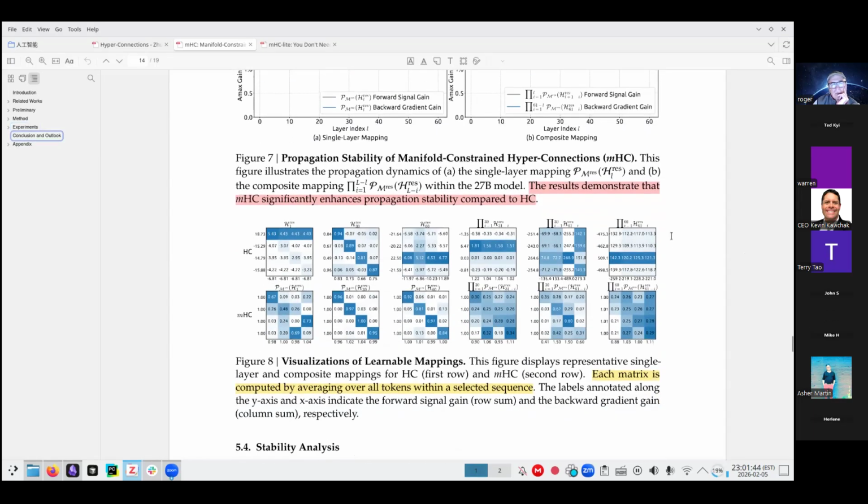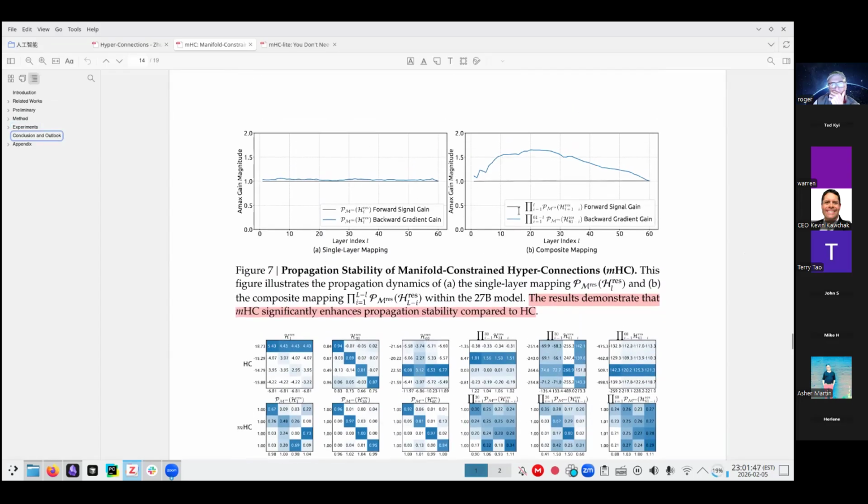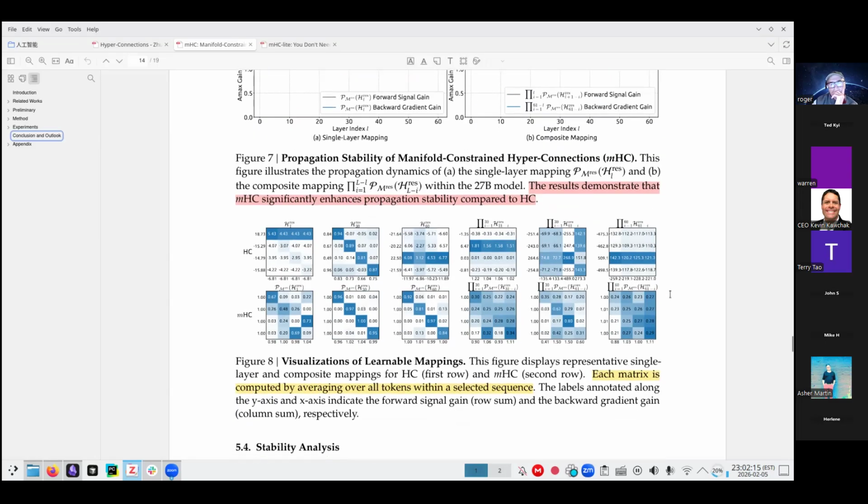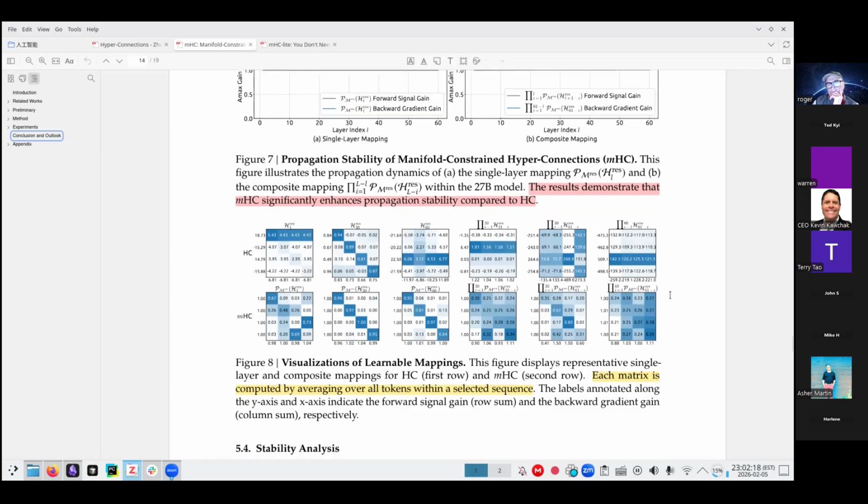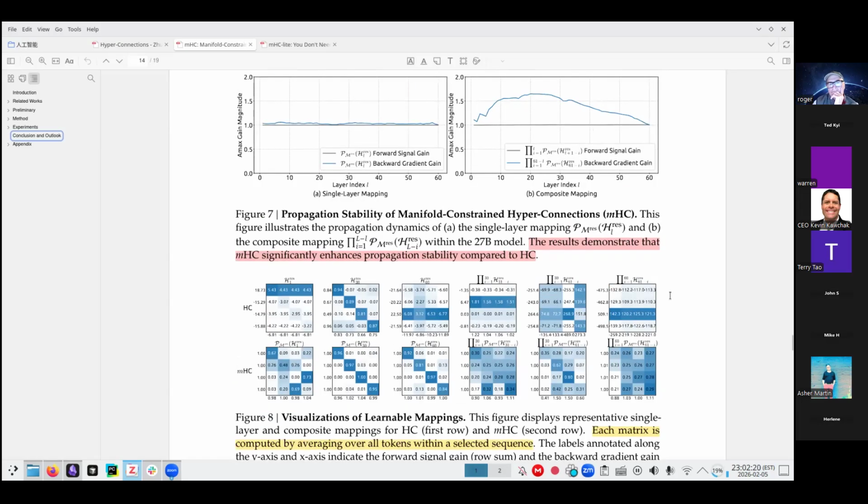Propagation stability. Well, this is about investigating the stability of this mHC. So they calculate the forward signal gain and the backward signal gain. I think the signal gain just means the norm of the H-res matrix or something close to that.